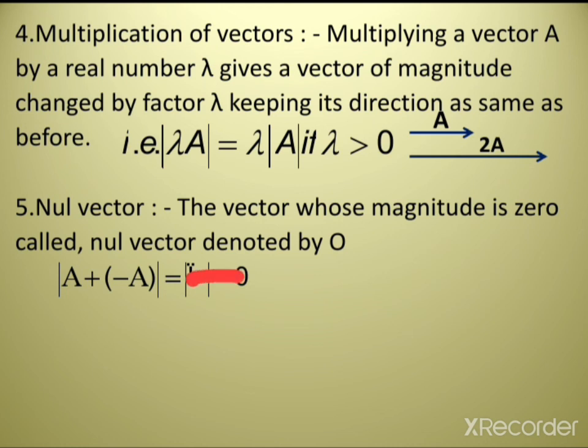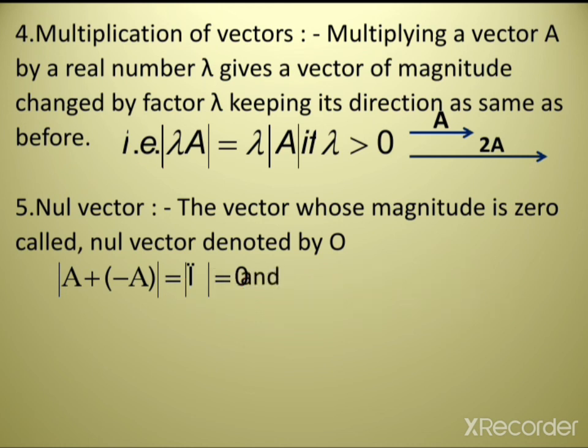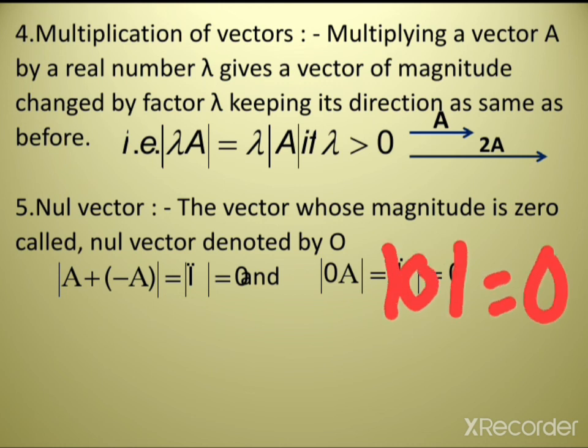The vector whose magnitude is 0 is called a null vector. And again, a null vector can be obtained like this. This is equal to 0.